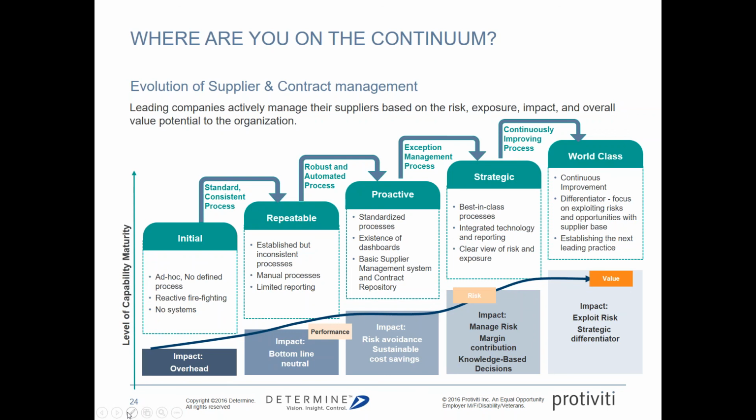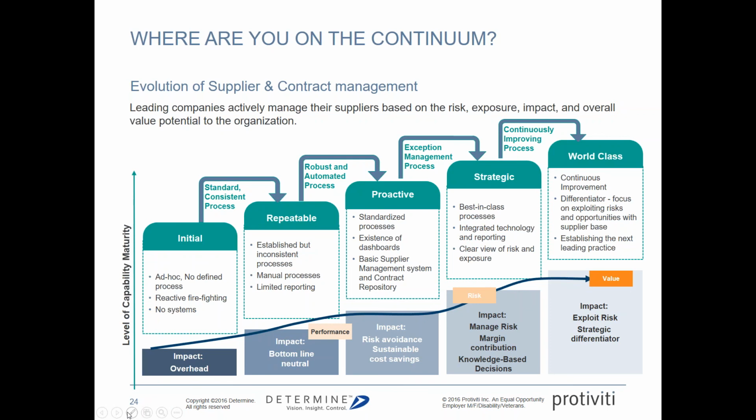Aligning processes, organization, as well as the underlying systems and data. And by not doing so, having disconnected supplier management and contract management practices can lead to the lost value, whether that's measured by cost, quality, time, Tim mentioned on the front end, revenue leakage, or the increased risk exposure.